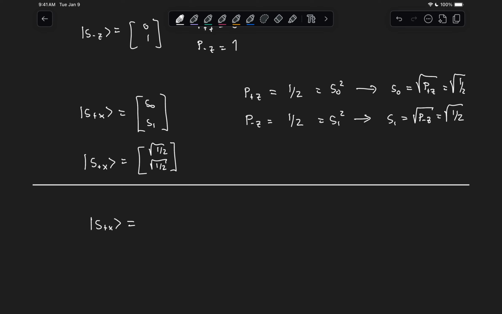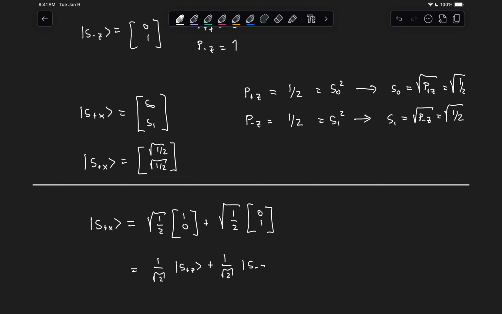This is equivalent to the square root of 1/2 times the vector (1, 0) plus the square root of 1/2 times the vector (0, 1), which I'm going to rewrite as 1 over square root of 2 of the spin in the plus z direction plus 1 over root 2 of the spin in the minus z direction.